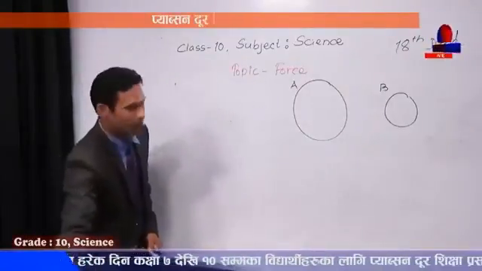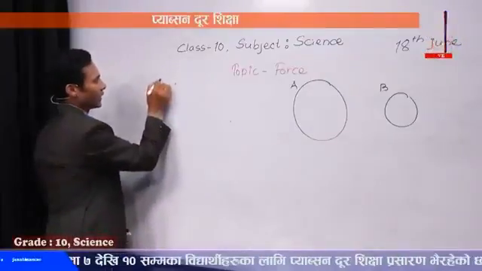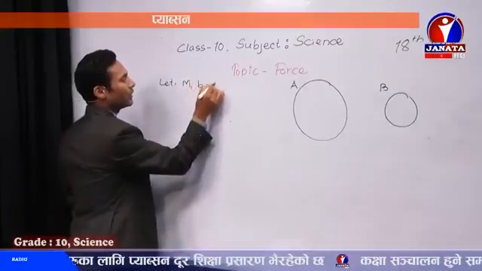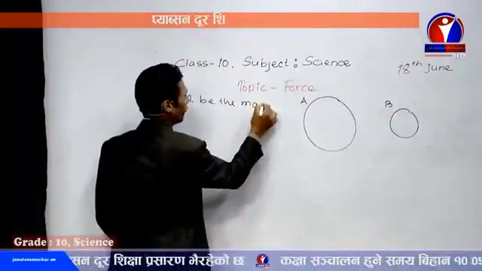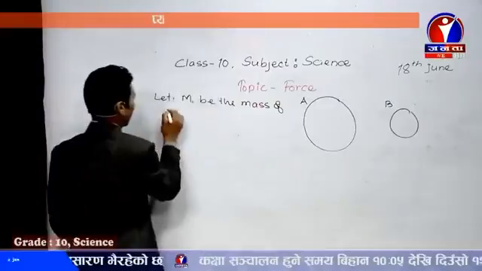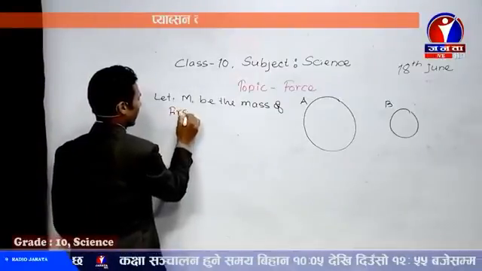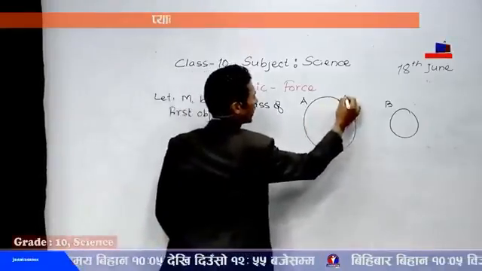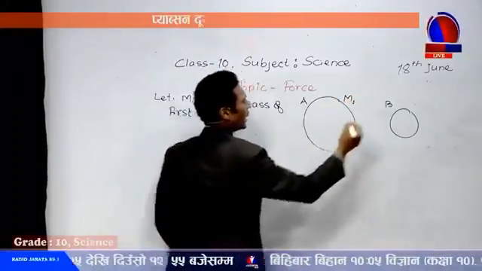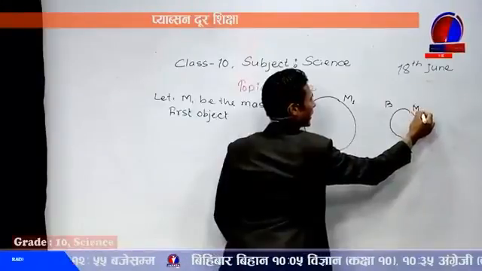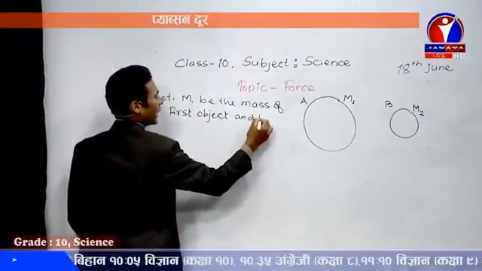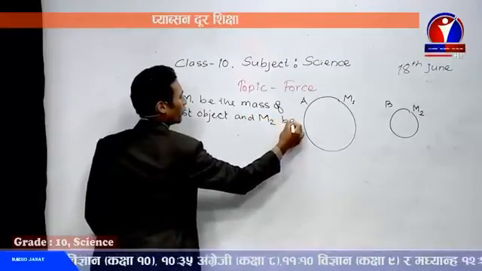Okay, so let m1 be the mass of the first object. Let's say this is m1, and the mass of the second object is m2, right?